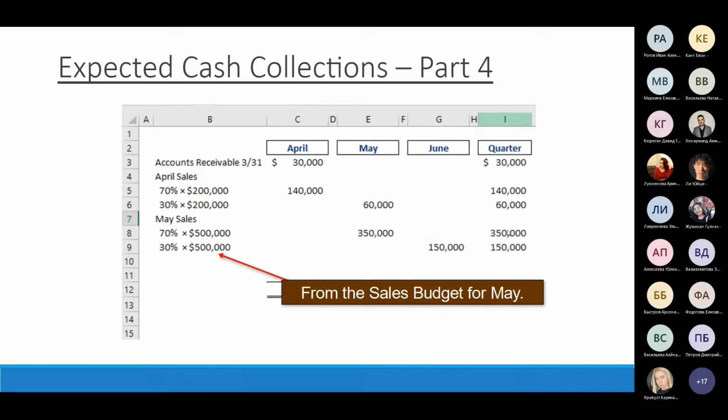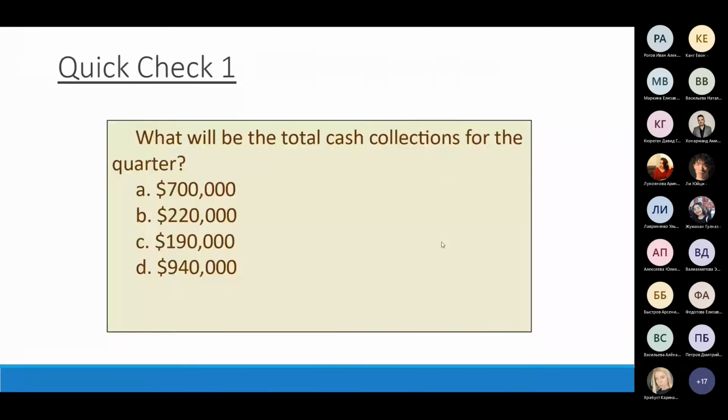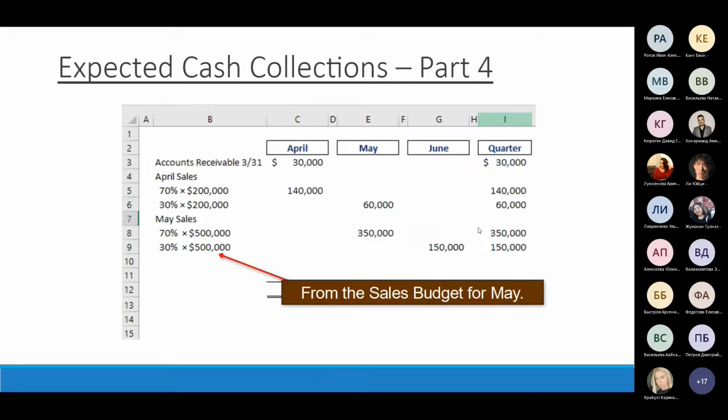So you split May sales between on account sales and the actual sales for cash. And of course, put those values in the correct places. So the question is, what will be the total cash collections for the quarter if we are looking at this data?